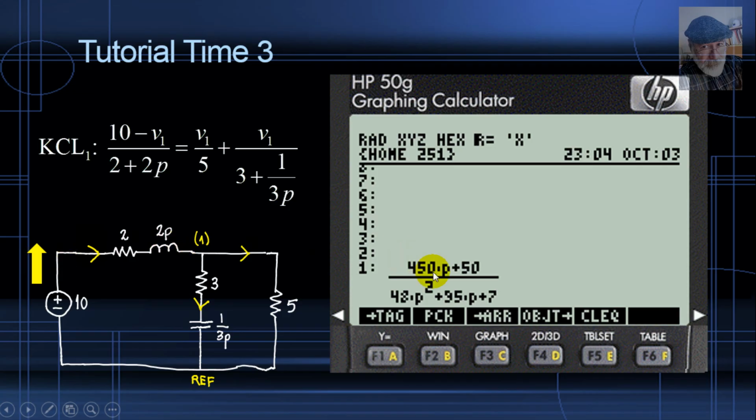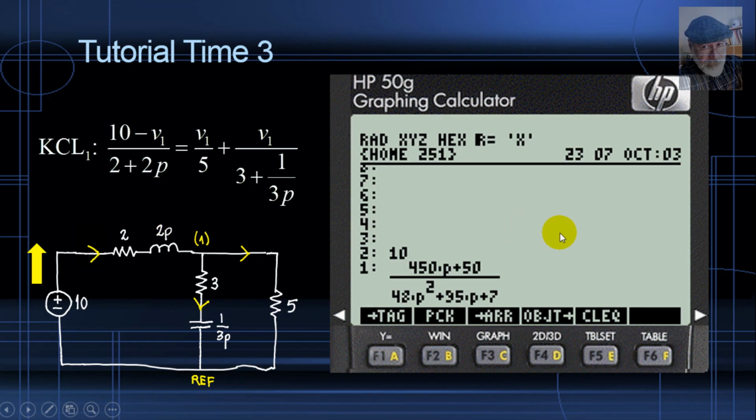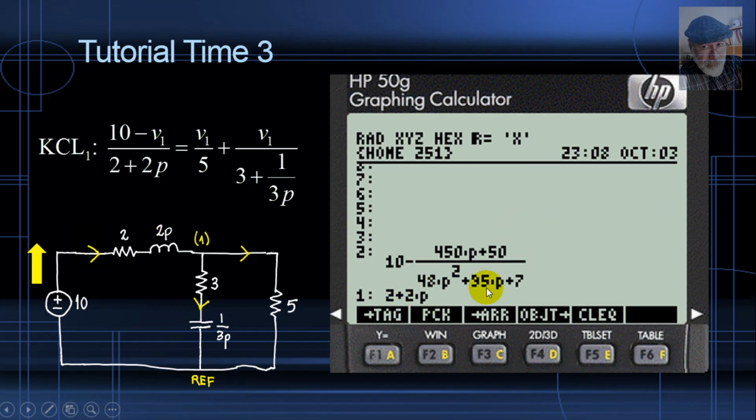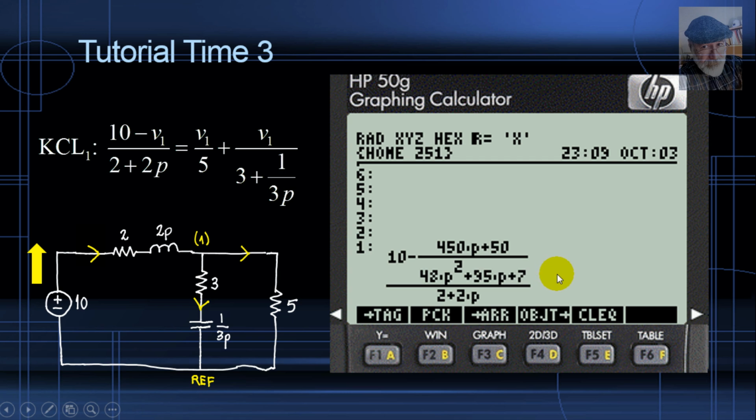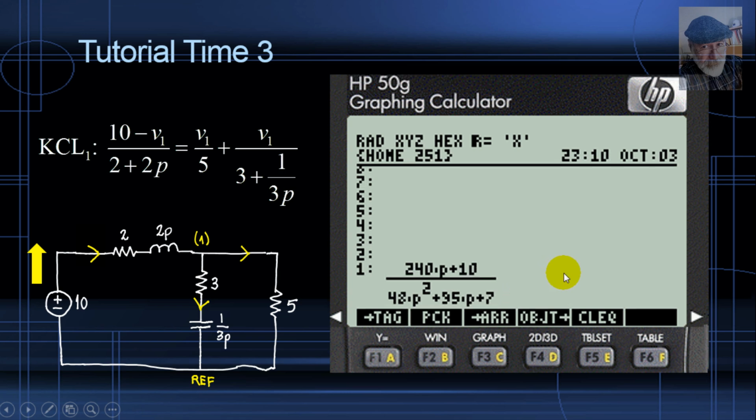If I have V1, which is here on the screen, how can I find that current? You say easy. It is 10 minus V1, which is on the screen, divided by 2 plus 2P. Sure. 10, swap, subtract, 2 plus 2P, divide. That is the current. Evaluate to simplify that. That is the current, or rather, that is the differential equation whose solution is the current in the source.